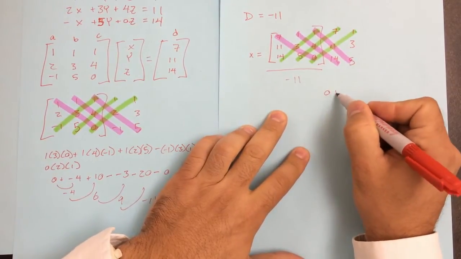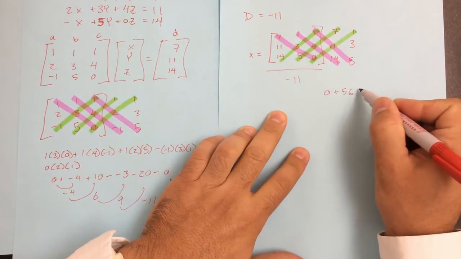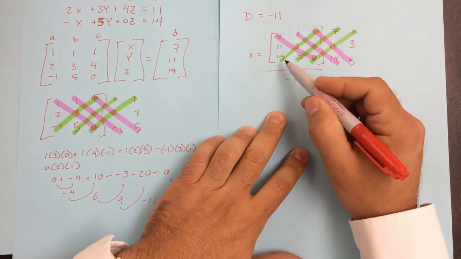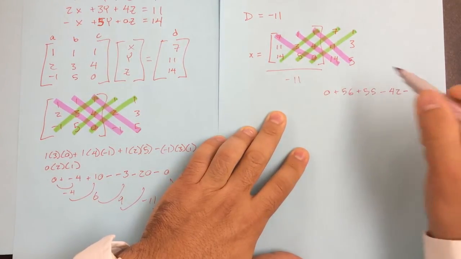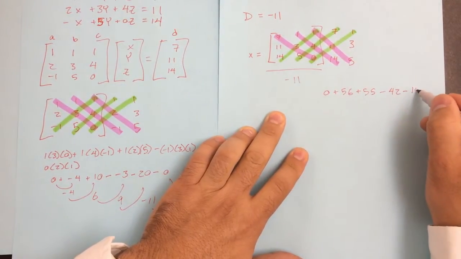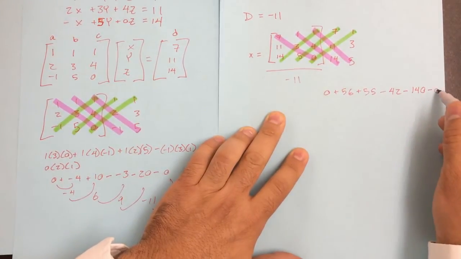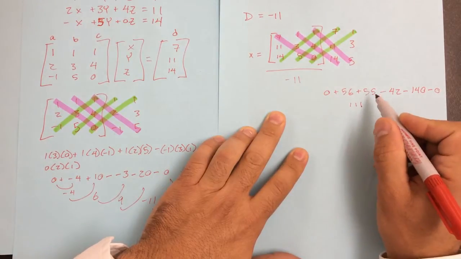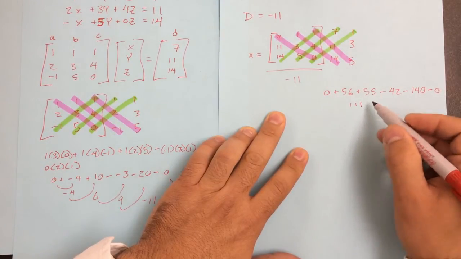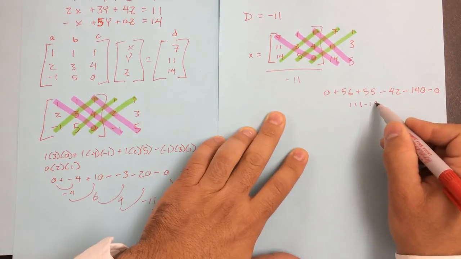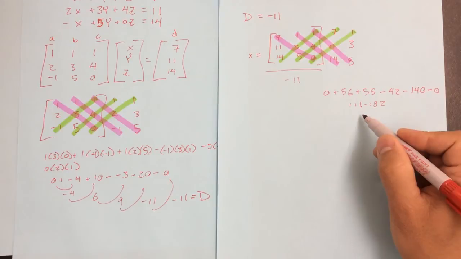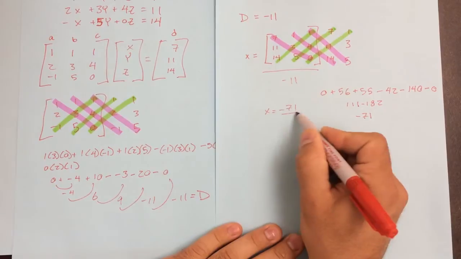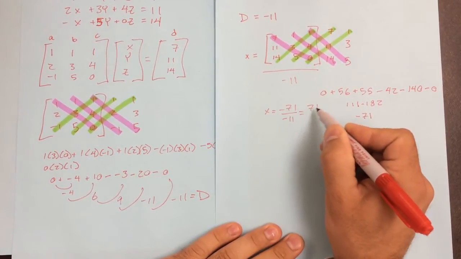So this is 0 plus 56 plus 55 minus 42 minus 140 minus 0. 111 minus 182 is going to be negative 71. So x equals negative 71 over negative 11, or 71 over 11.